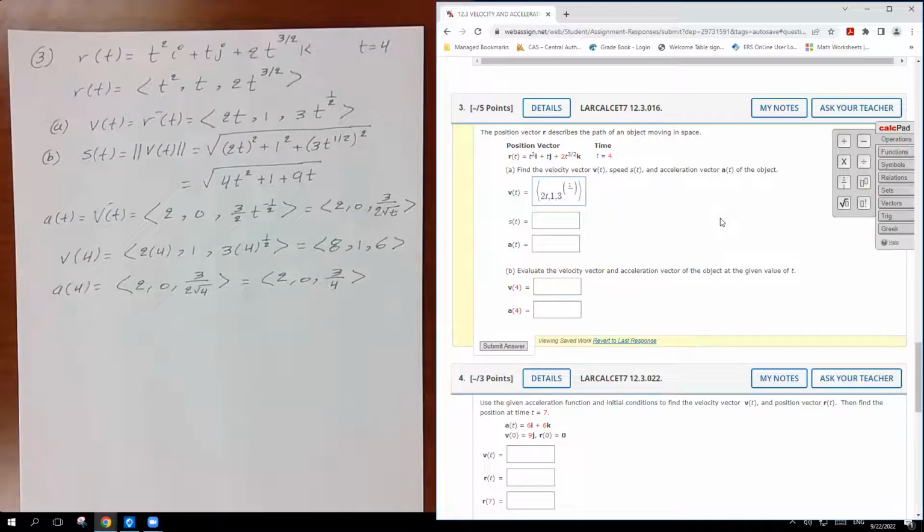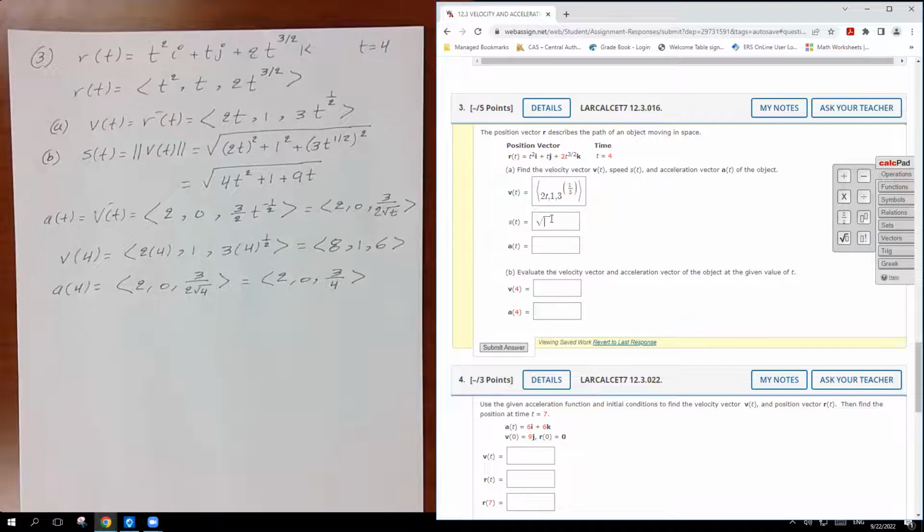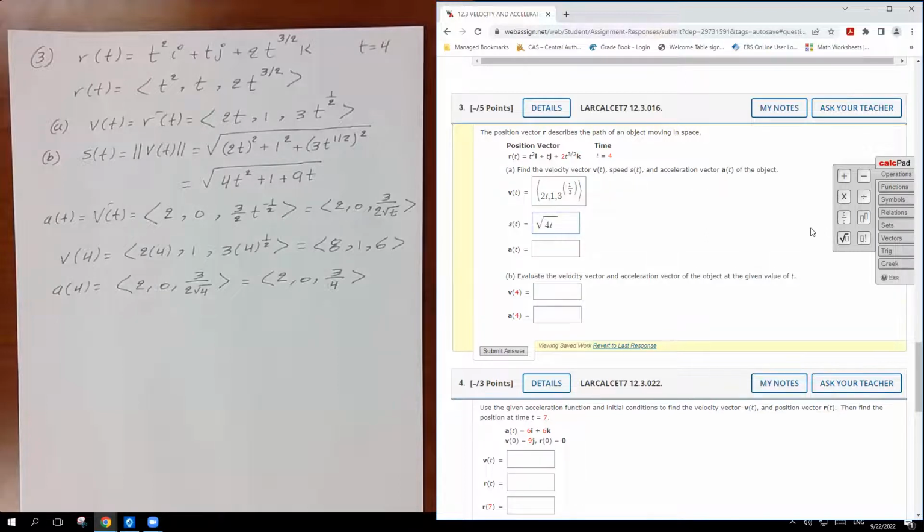Let's check if we can write it like this. Comma, that's it. And the speed is going to be the square root of 4t squared plus 1 plus 9t. And the acceleration is going to be 2, comma, oh, where is the vector?